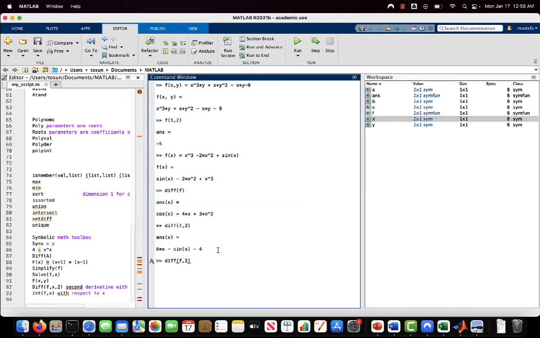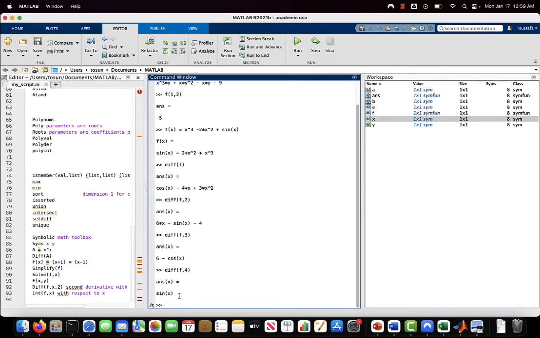If I use the third derivative, the result will be 6 minus cosine x. And if you use the fourth, right now I only have sine x.